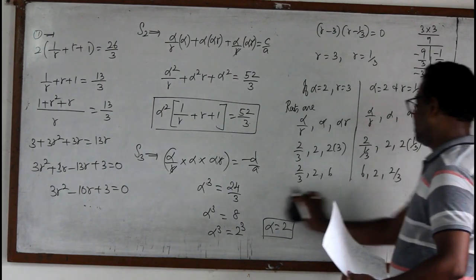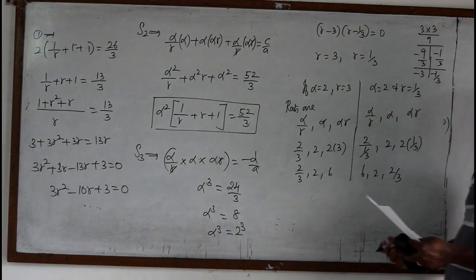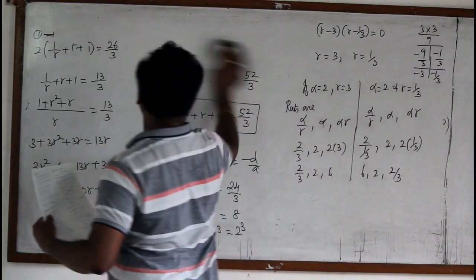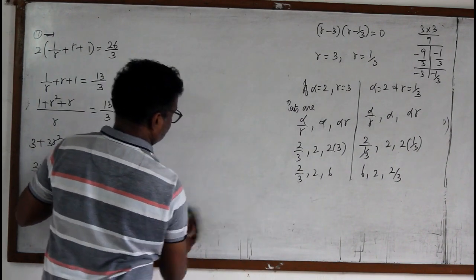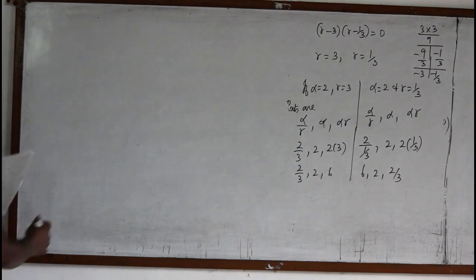Therefore, the roots are 2 by 3, 2 and 6. And then the third problem is over. Now we shall go to the fourth problem.